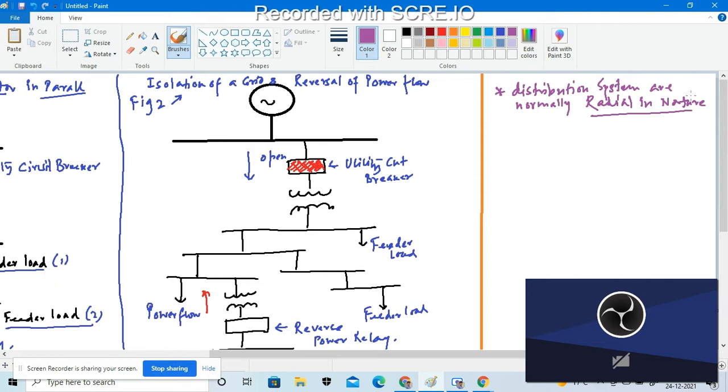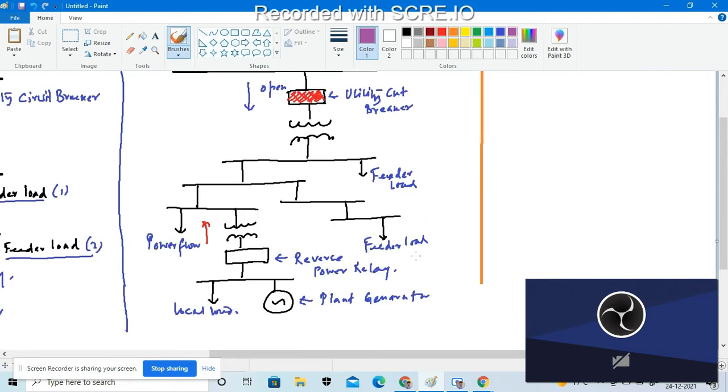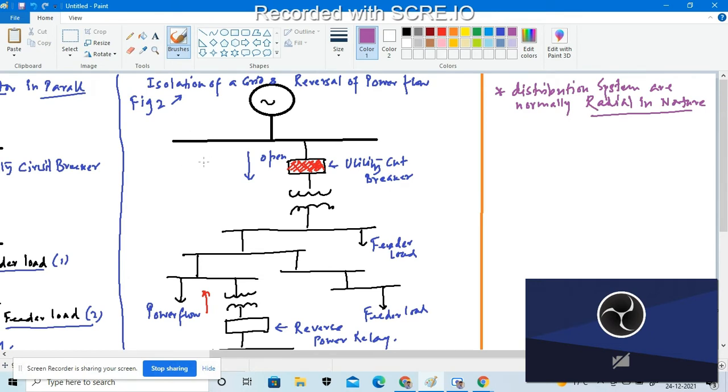Okay, so that radial system holds for both the utility side and the plant distribution side. This is actually the utility side and the generator side. Okay, so if there is a fault on the utility distribution system, if some fault appears on the utility distribution side, it may trip a circuit breaker.